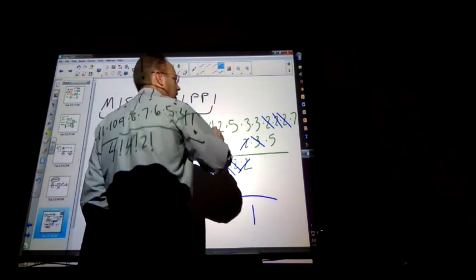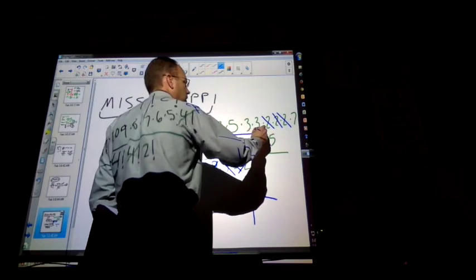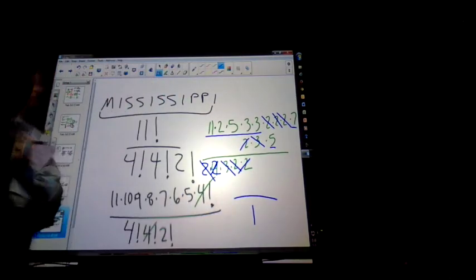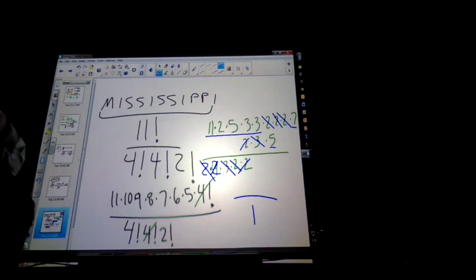So do the rest of the math. For the calculator, 11 times 2 is 22, times 5, 110, times 3, 330, times 3, 990, times 7, can't do it. What's 990 times 7? Times 5?